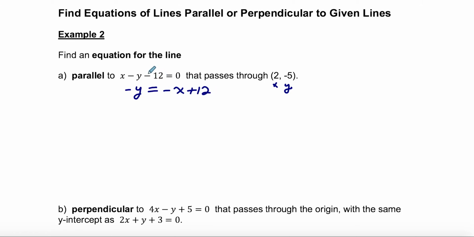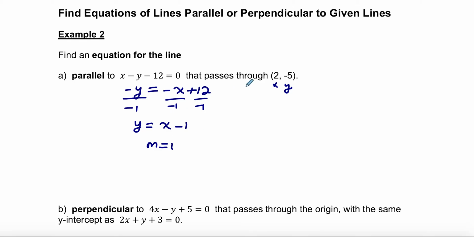If you move that negative 12 to the right and you forget that it becomes a positive 12, right away everything else is going to fall apart for the entire answer. And then I'd have to divide everything by negative 1 so that I can see what the slope is. So negative x, so that's negative 1x over negative 1, that just becomes positive 1, and then minus 12. So it looks like my slope here is 1.